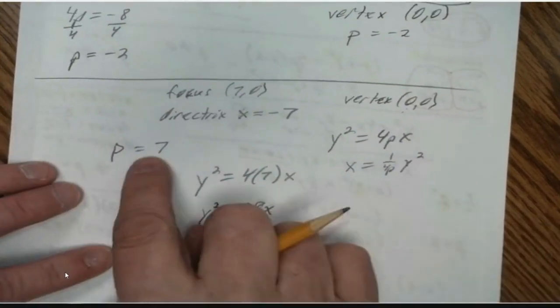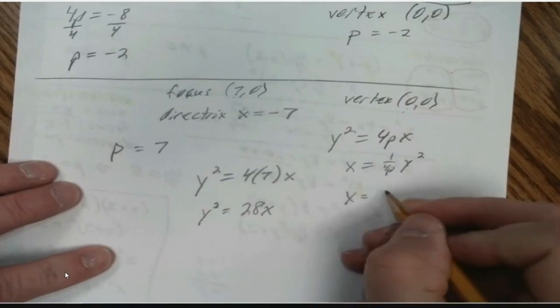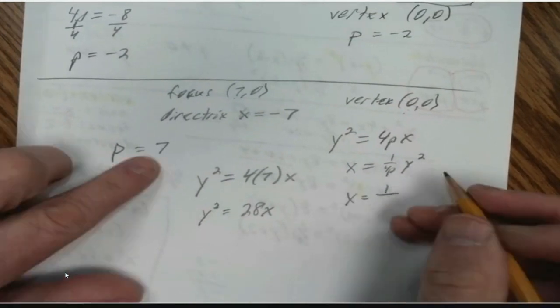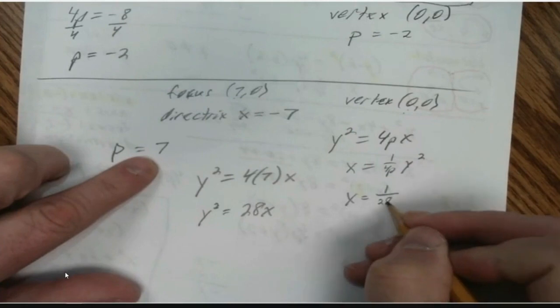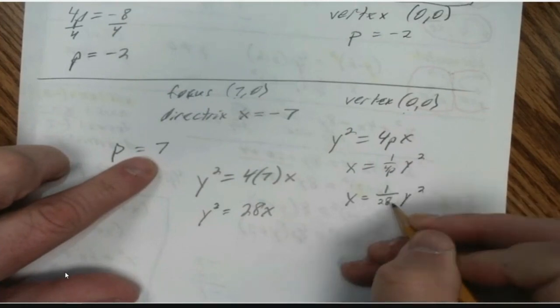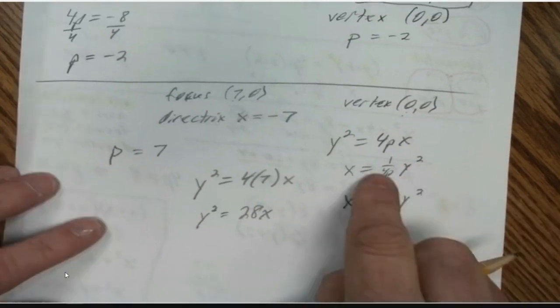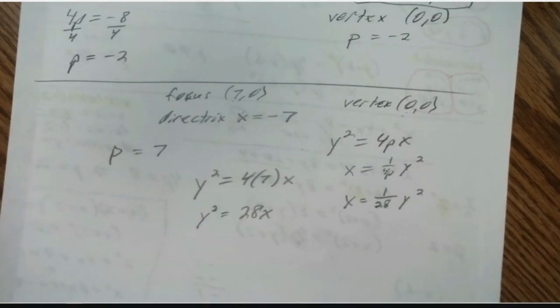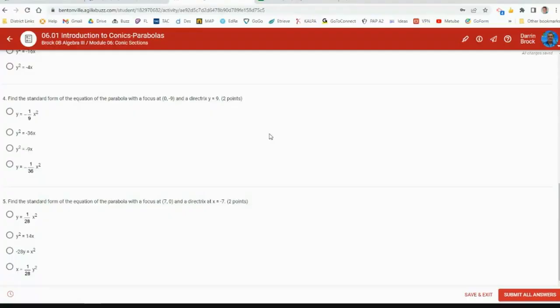So if our p is 7, x equals 1 over 4 times 7, 28. They gave the answers in the other form, the form that we don't use as often. So now we look for 1 over 28 y squared. It's that one. Same equation as y squared equals 28x. They just divided both sides by 28. They used the alternate form of the same one.